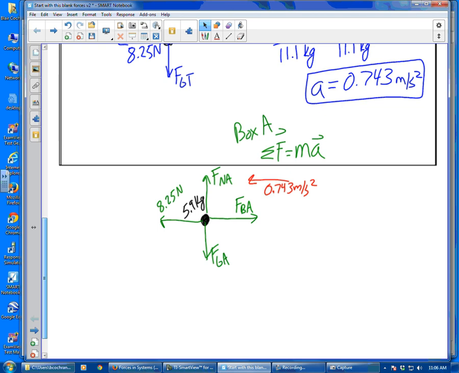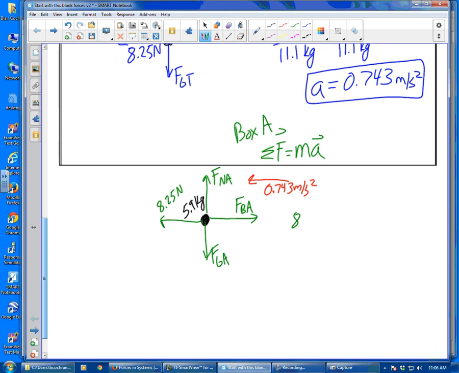I'm doing box A, so it'd be my inertia for A. I could do box B, but there's two forces on it that I don't know either right now. So, alright, now I express it mathematically, with numbers rather than pictures. I'm again going to take the left as positive, just for consistency.